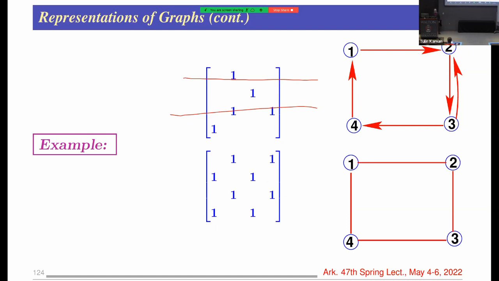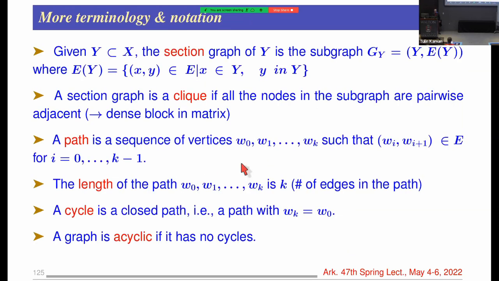The matrix becomes symmetric. So the other definition I want to emphasize is the definition of a path. That's a sequence of nodes that are connected by an edge. The length of the path is the number of edges in that path. The cycle, I don't think we use that too often.